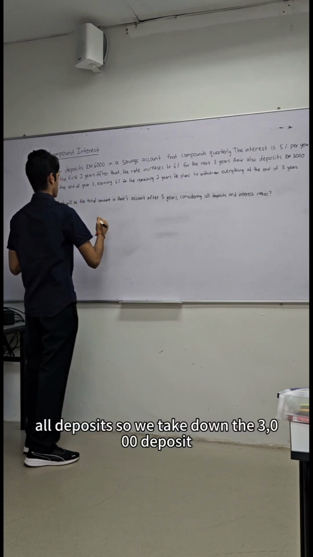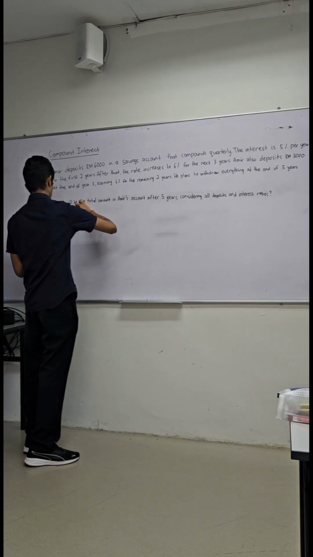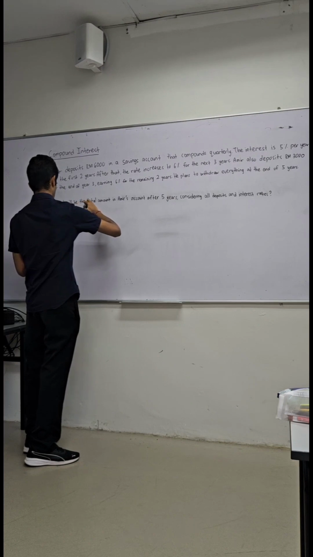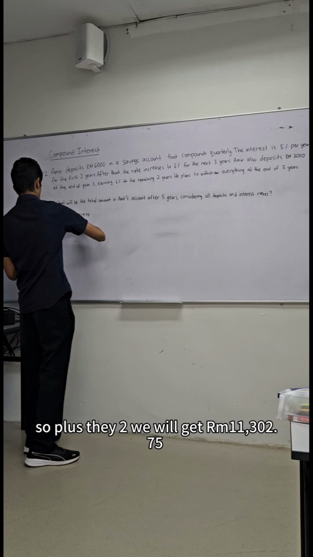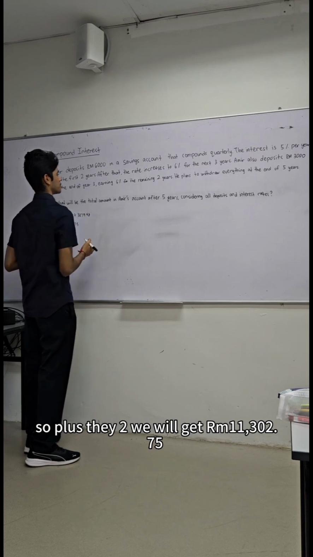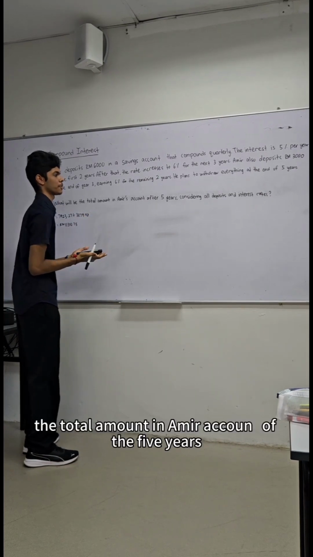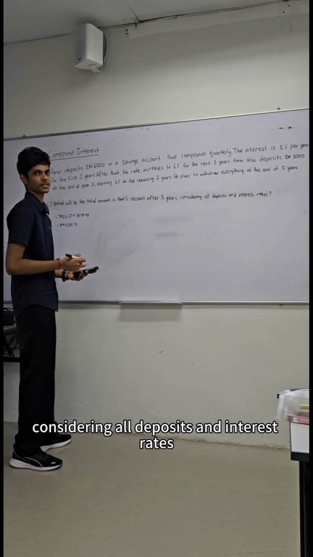So we take the 3,000 deposit using the compound interest formula that we did on B, which is 3,379 ringgit 0.48 cents. So plus that too, we will get 11,302.75, which is the total amount in Ame's account after 5 years, considering all deposits and interest rates.